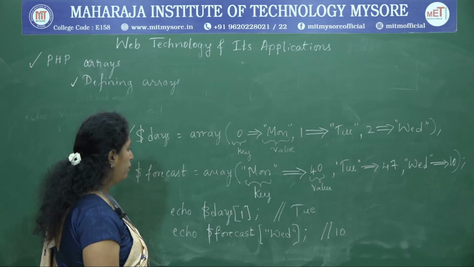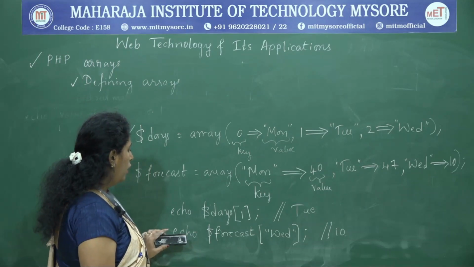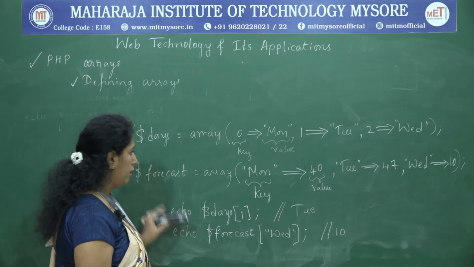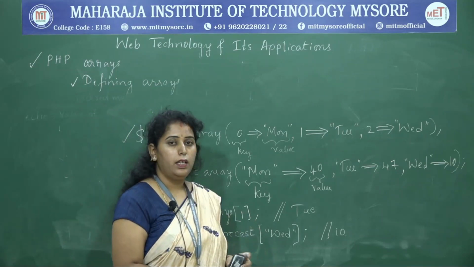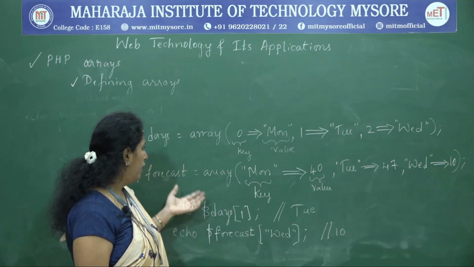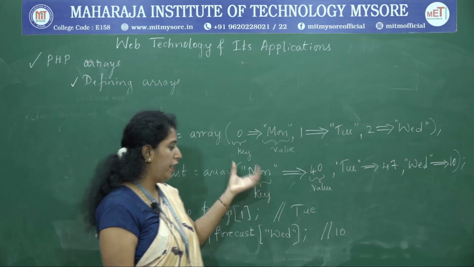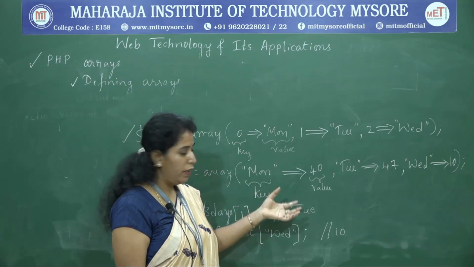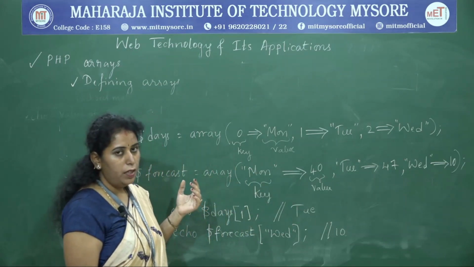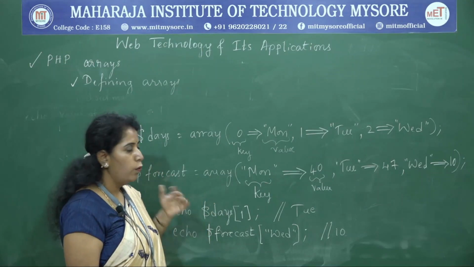Okay. Now you may observe that it is flexible for you to specify any keys and any values for an array, but it is not so simple. Why?